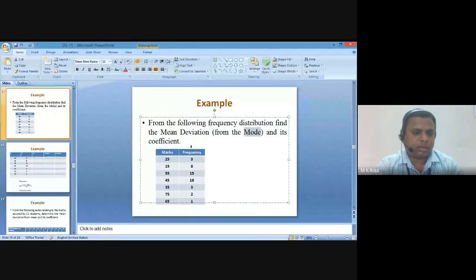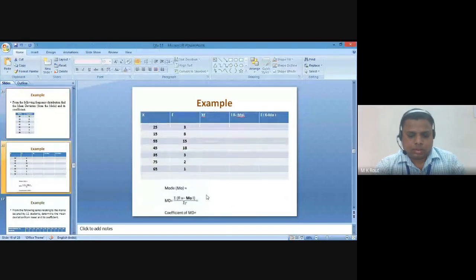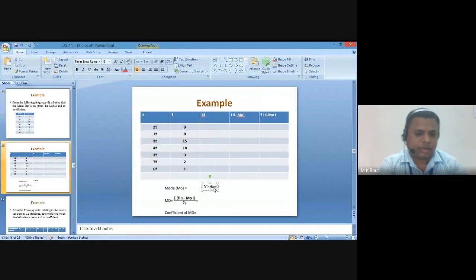Just a minute. Mode is given 45. That was the following data.